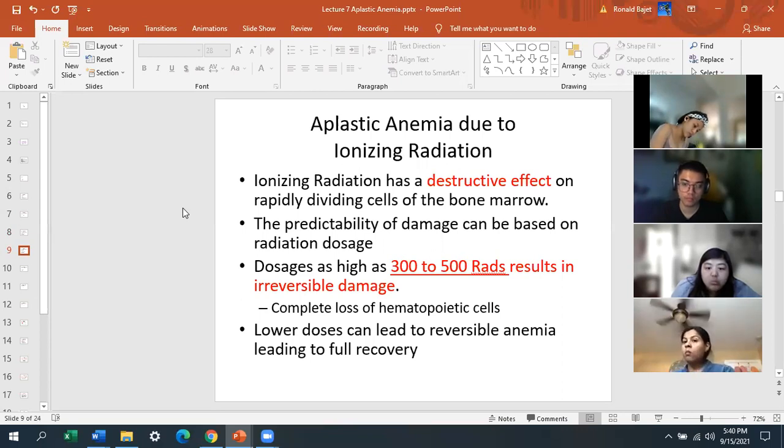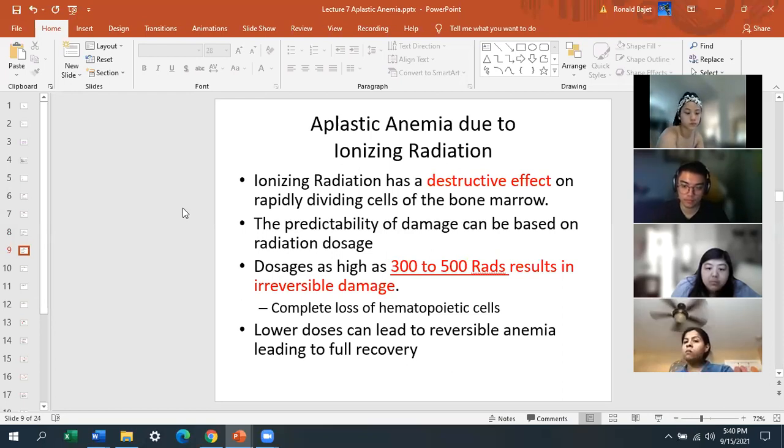The predictability of the damage can be based on the radiation dosage. If you have dosages of less than 300, then the damage to your bone marrow is reversible. Then you can get rid of the aplastic anemia.